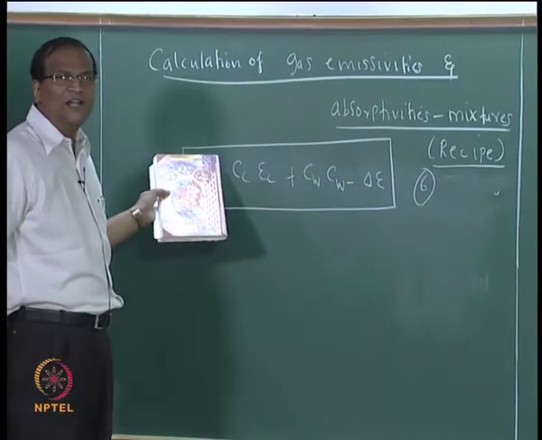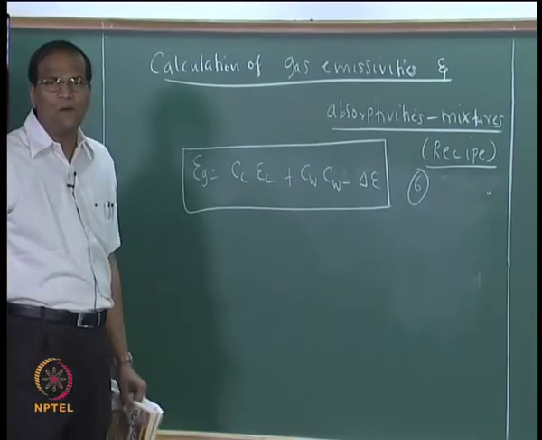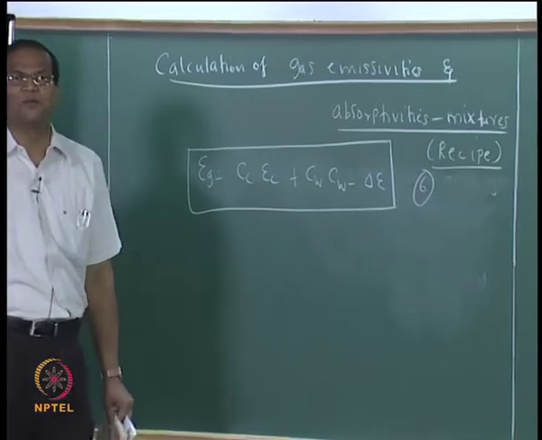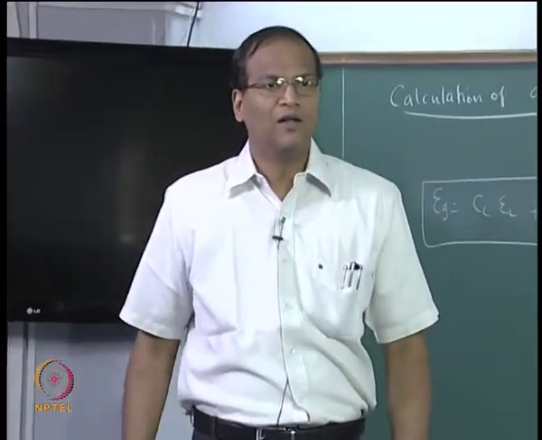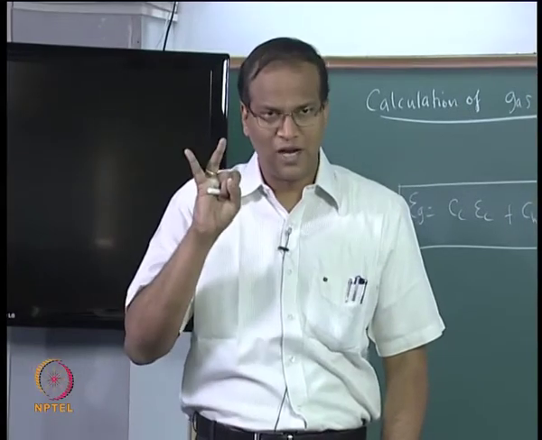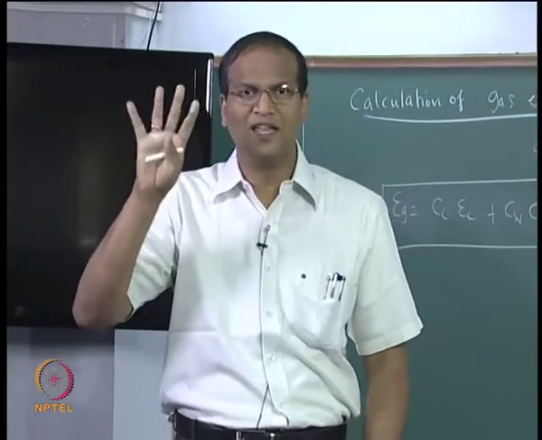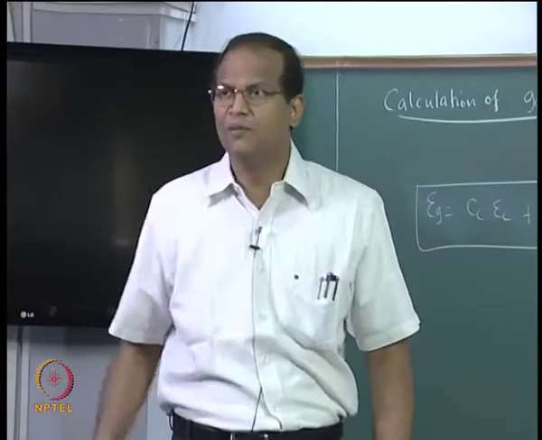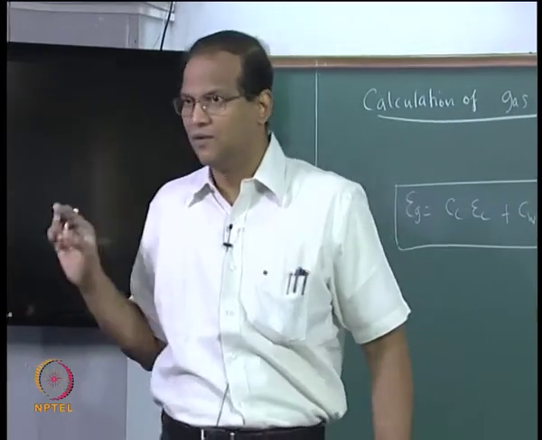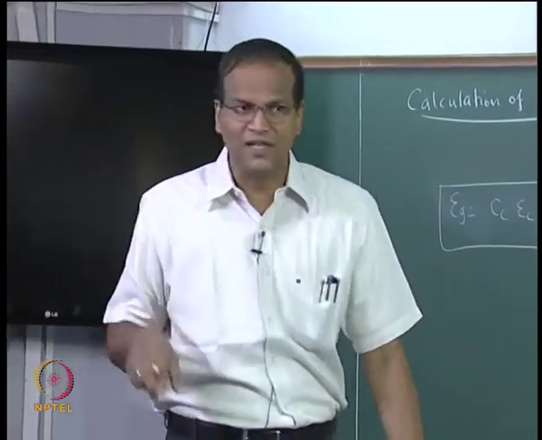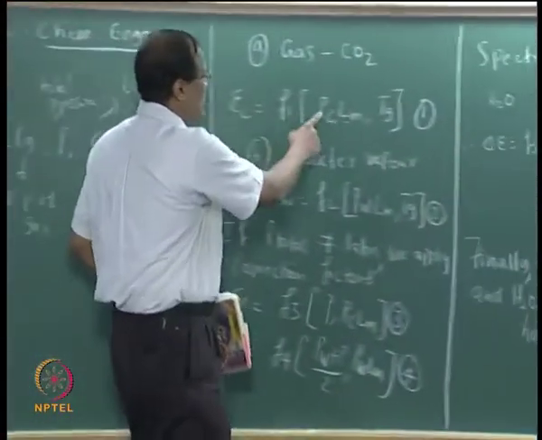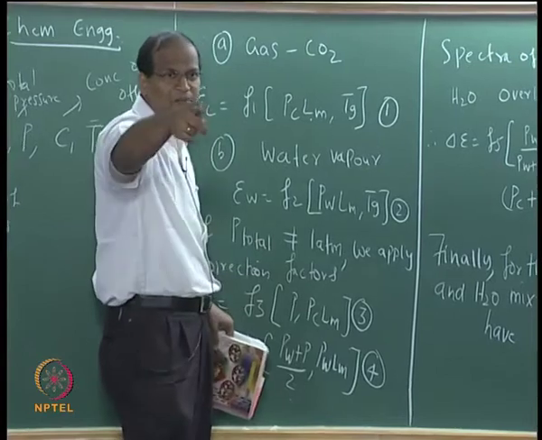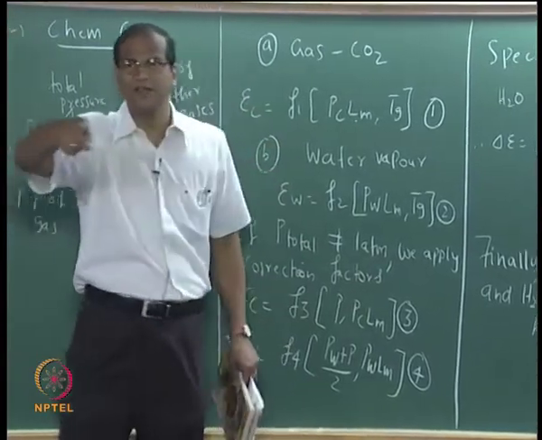So how many charts will you read to get epsilon g for a pressure other than 1 atmosphere? 5 times you have to read the chart. Once to calculate epsilon c, once to calculate epsilon w, twice to get their corrections, and the 5th time to do the minus delta epsilon. But in order to use the 5 charts, some painful parameters have to be worked out, that is PC, LM, TG. That is why it is very important that you write this down properly, so you can use it in the exam.